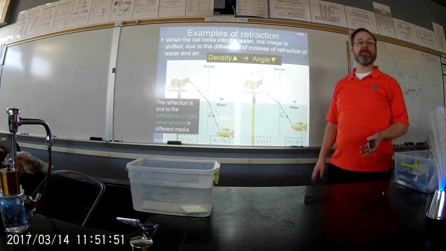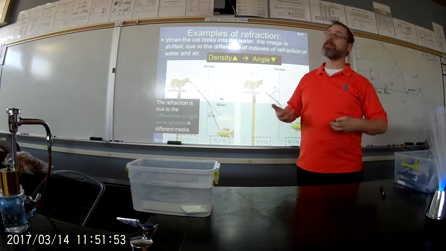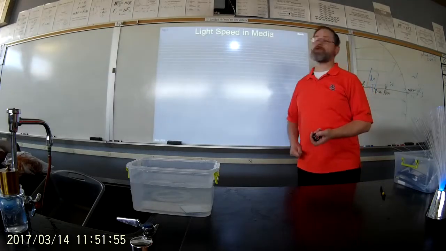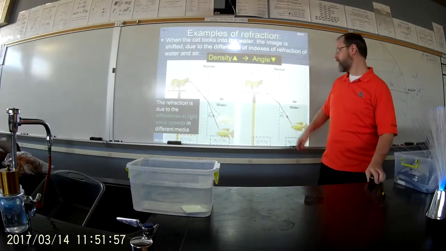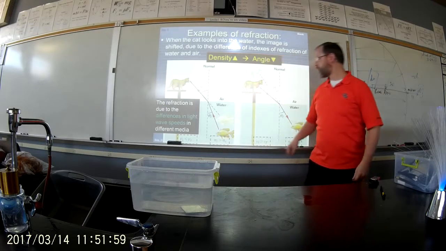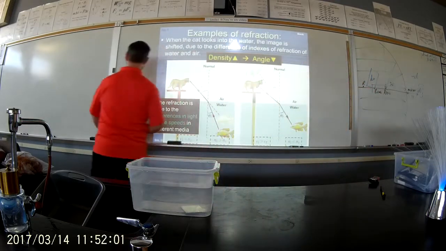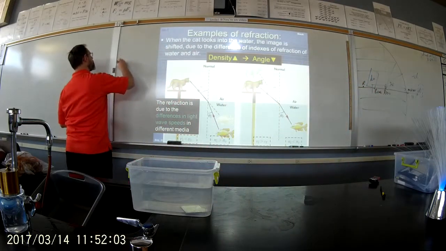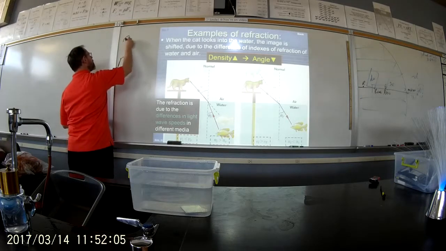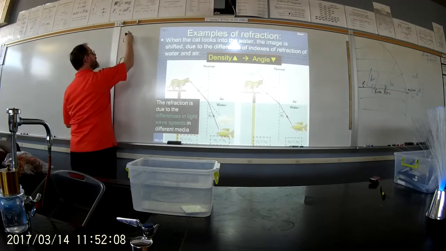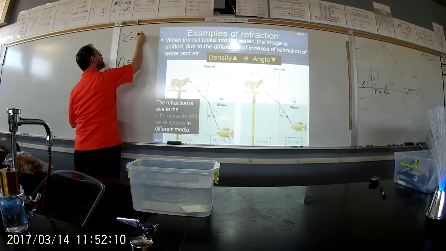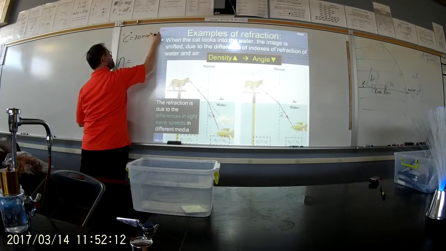The difference is due to something called the index of refraction. So we assign a number, little n, to how fast something is going in a medium versus space. Now remember, the speed of light in space is given the letter c, and it's 3.0 times 10 to the 8th meters per second.